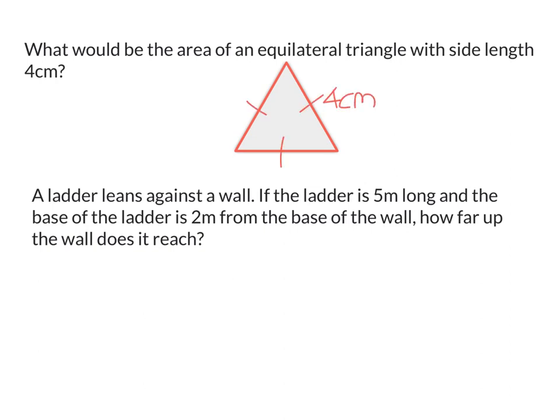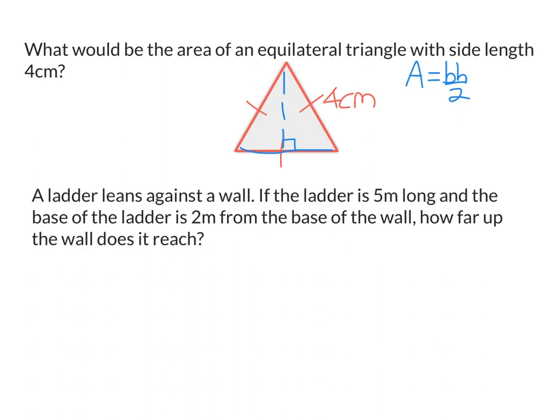So remember, to find the area of an equilateral triangle, it's the base, which we know is 4, times the perpendicular height divided by 2. So you're probably thinking, well, okay, what does Pythagoras have to do with area, and what does it have to do with equilateral triangles?